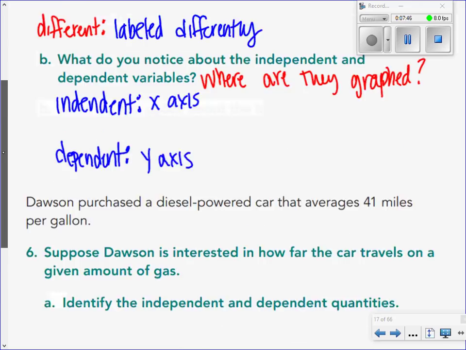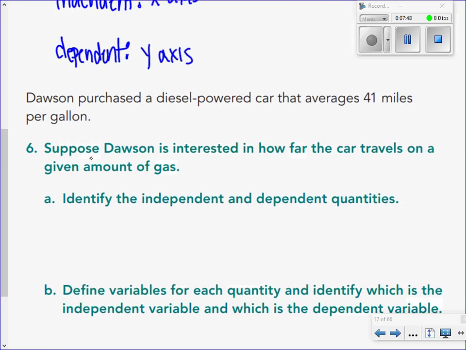All right, let's move on. Dawson purchased a diesel-powered car that averages 41 miles per gallon. Now, I think I showed some of you this yesterday. 41 miles over 1 gallon. Miles per gallon.